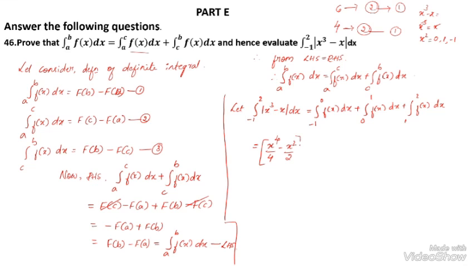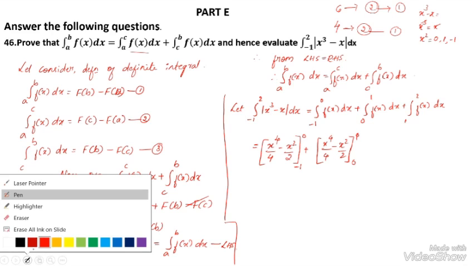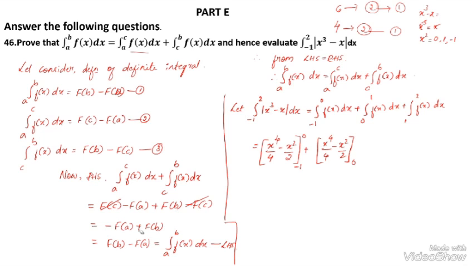So I'm taking directly the limits: -1 to 0, plus here x to the power 4 divided by 4 minus x squared by 2, 0 to 1, and again plus x to the power 4 divided by 4 minus x squared by 2, the upper limit to lower limit.